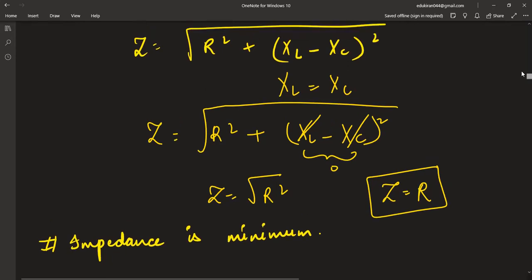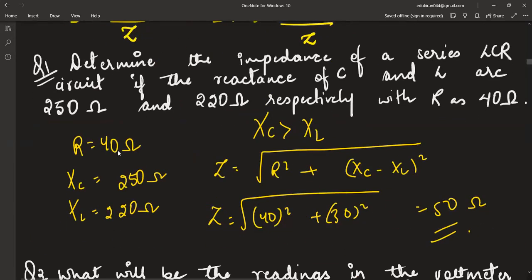See, in the previous question, look at this example. Here resistance is 40. When you had XC and XL in your system, your answer was 50. If XL and XC were equal, this term wasn't there. Impedance would have been 40. So 40 is less, 50 is more. It means impedance is decreasing.